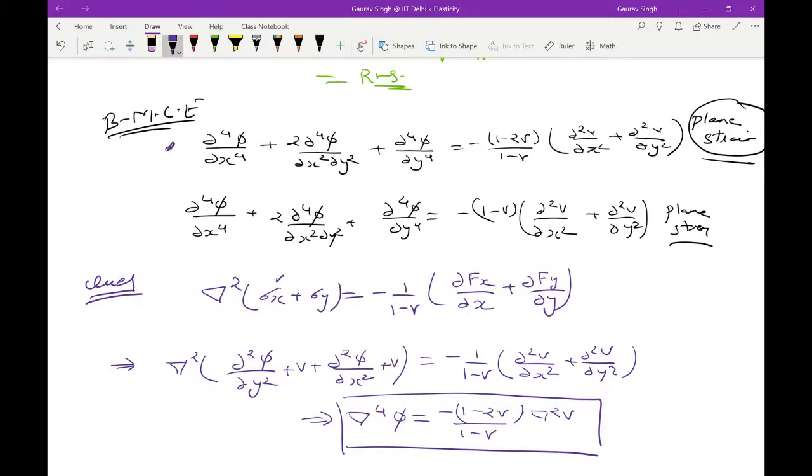okay, because this equation can also be written as okay.